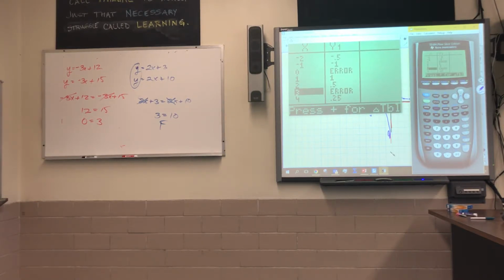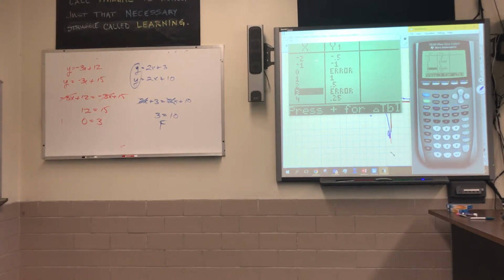Now this won't always work because of how our table is set up. Our table is not showing us the infinite x values, right? Right now my table is just set up to show me my integers. Okay, so if I had a hole at like 0.5, my calculator is not showing that, right? Okay, so I have to maybe change my table.